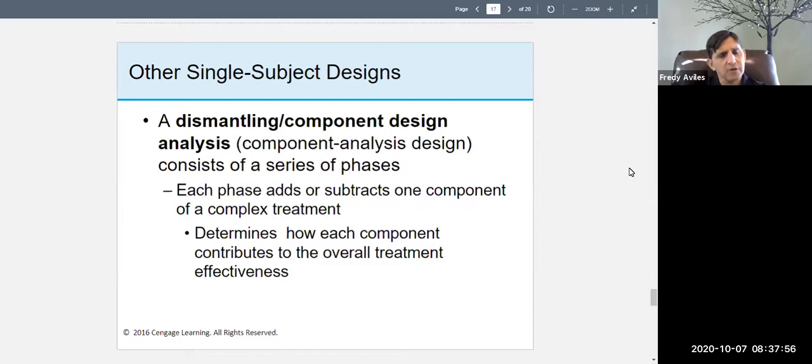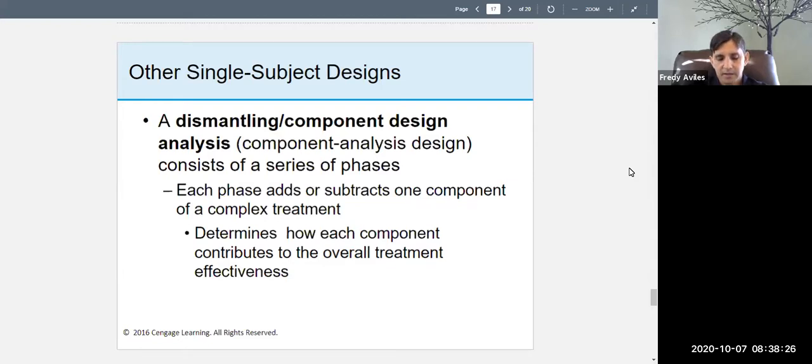Let me give you a simple example first, with maybe 3 components, because 2 is too simple. Let's say we want to see what works best for losing weight.